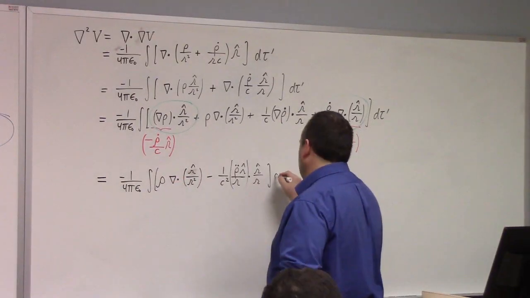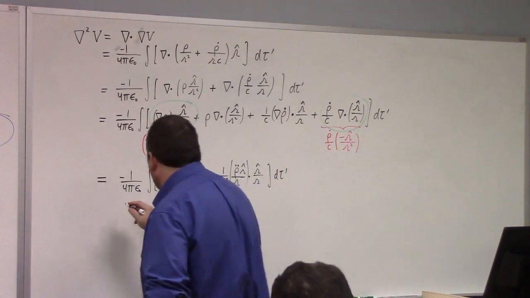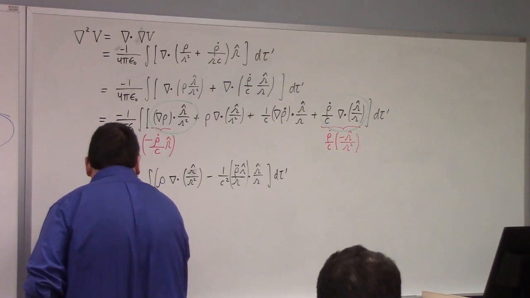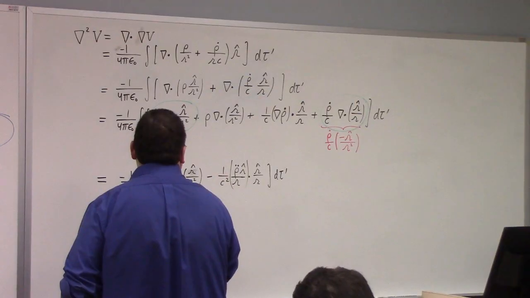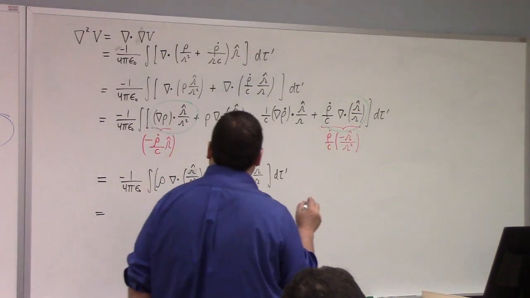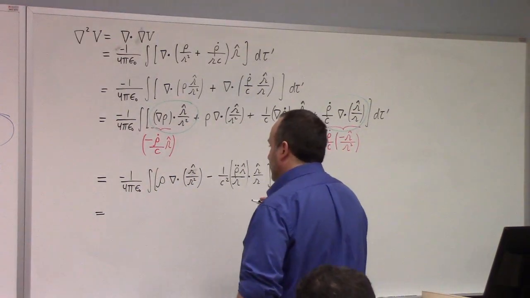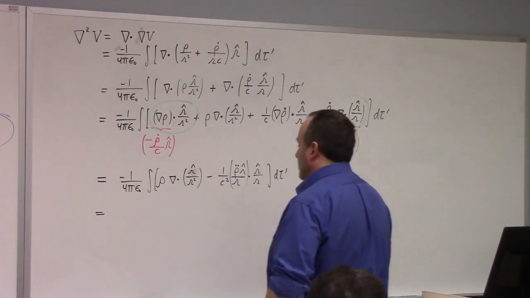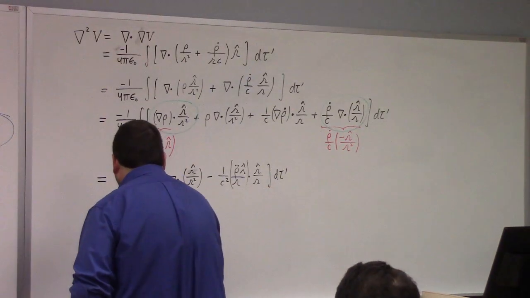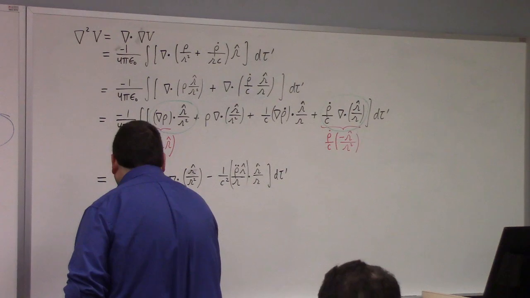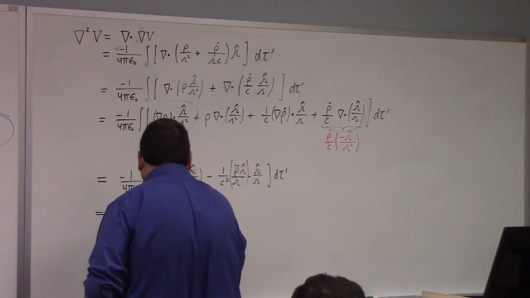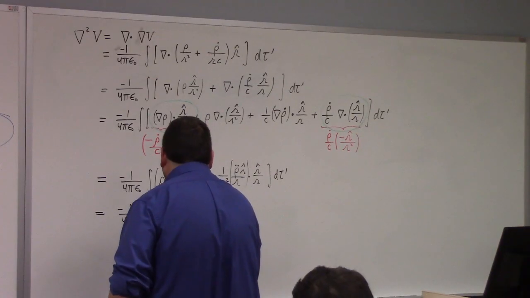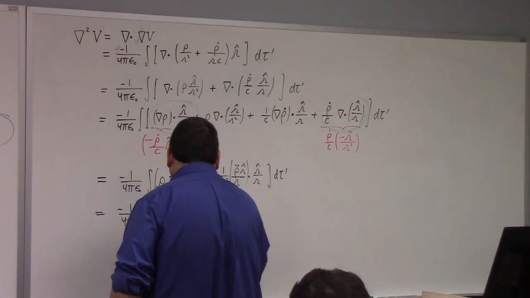All right, so I'm almost done with this calculation here. So what we got is minus 1 over 4 pi epsilon naught, the integral of rho, and by the way, the divergence of this is 4 pi three-dimensional delta of script r vector, yay.